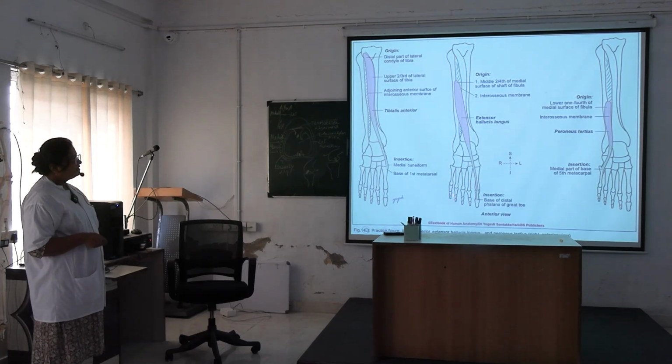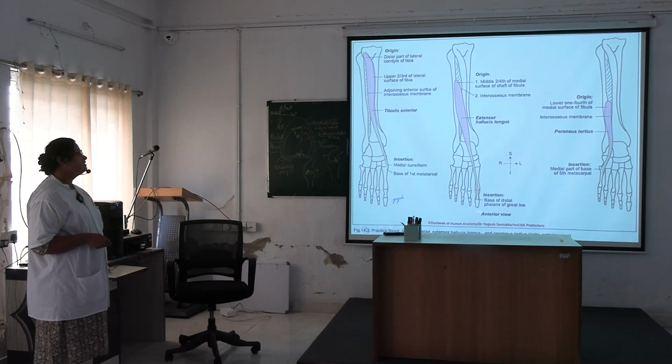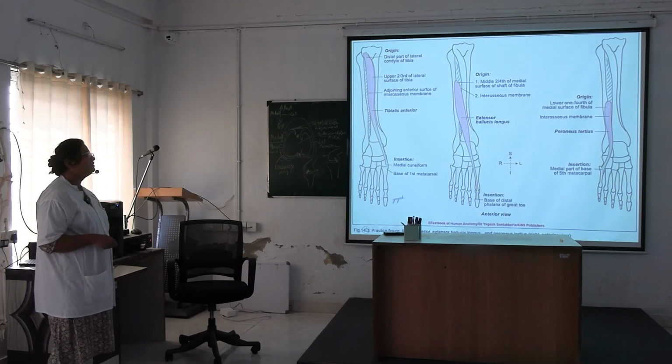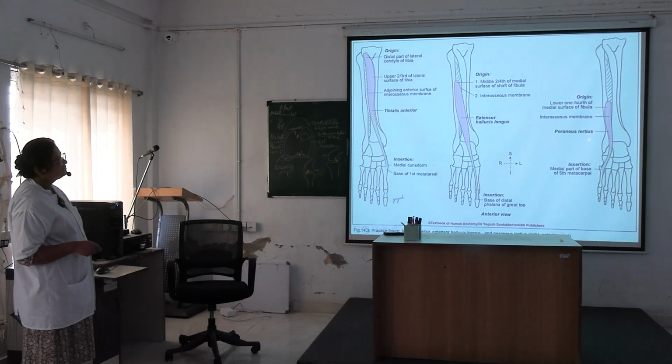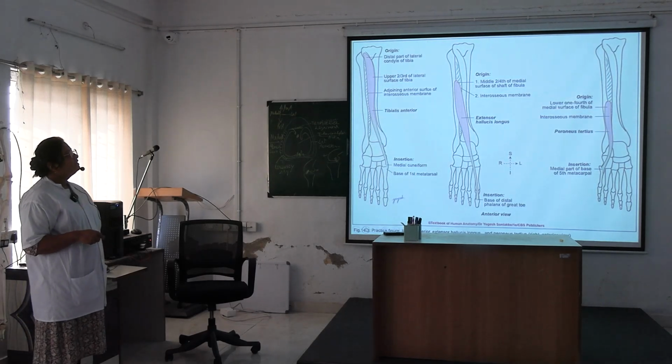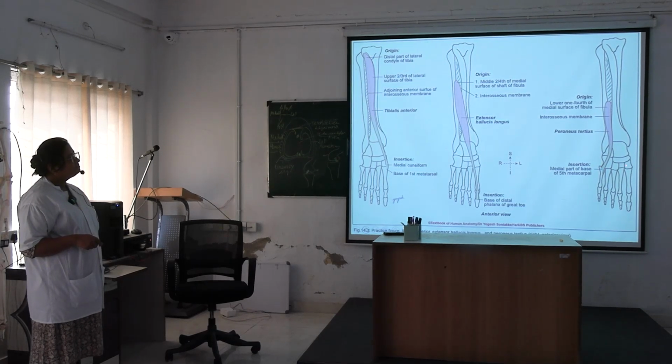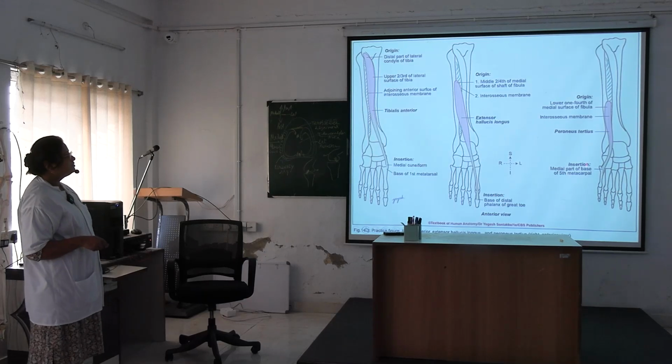Next, the third muscle is peroneus tertius. Origin is from the lower one-fourth of the medial surface of the fibula and interosseous membrane, and insertion is into the medial part of the base of the fifth metatarsal.